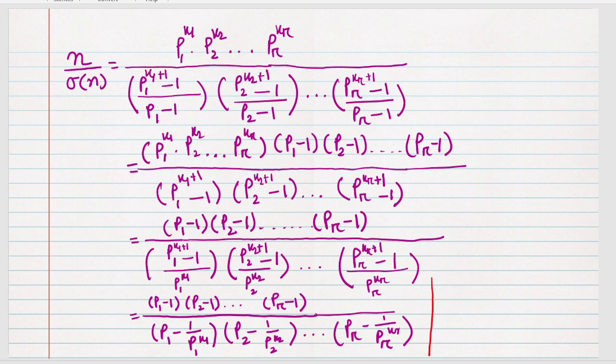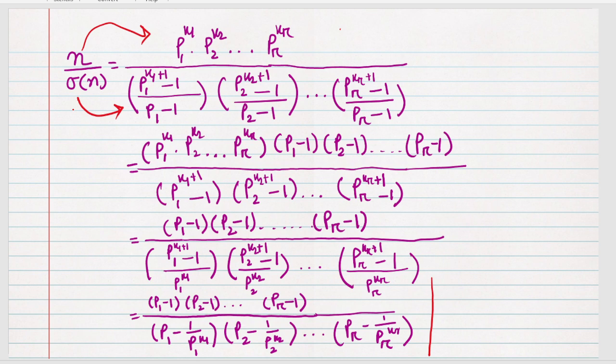Now, we have to notice in every step that n is written as the product p1^k1 p2^k2 followed by pr^kr, the product of primes. We can write n as a product of primes, and sigma of n we already know by our first theorem, which we proved in our first lecture, for finding the value of sigma n.